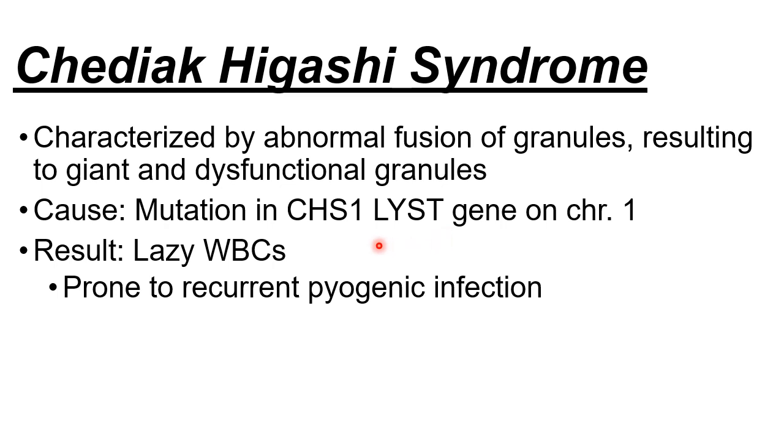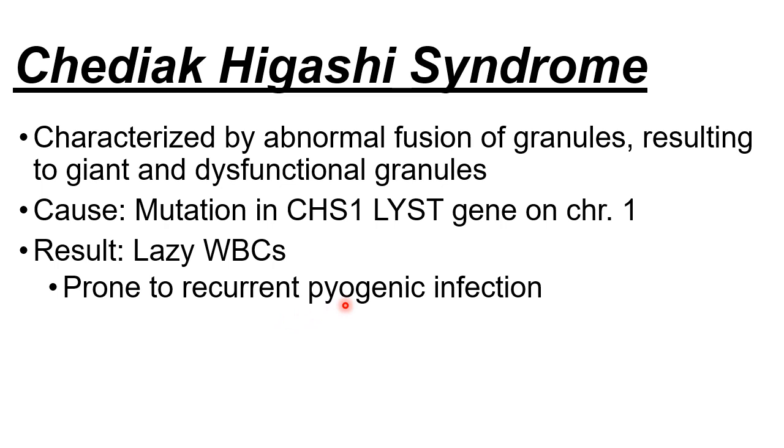And this mutation can cause lazy WBCs dahil nga sobrang laki nila and mabigat due to the fusion of the granules, hirap gumalaw yung mga WBC. So therefore, ang consequence niyan is the patient will have recurrent pyogenic infection.